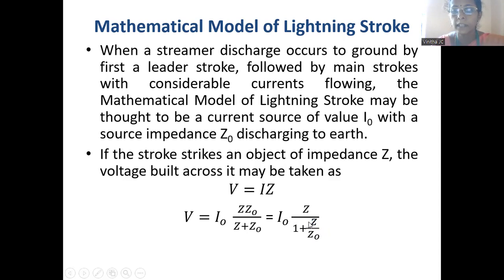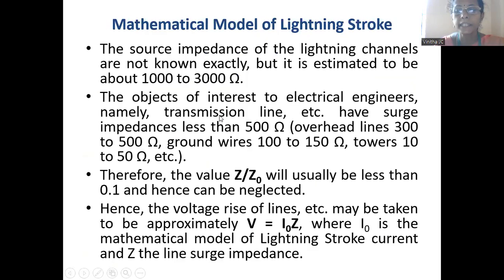And here, we have the various values for Z and Z naught. Just as I said, Z naught is nothing but the source impedance, and here the source impedance is nothing but lightning. So during this lightning, the value of source impedance may vary from 1000 to 3000 ohms. And the values of the impedances of the different objects like transmission lines and overhead line towers are also given here.